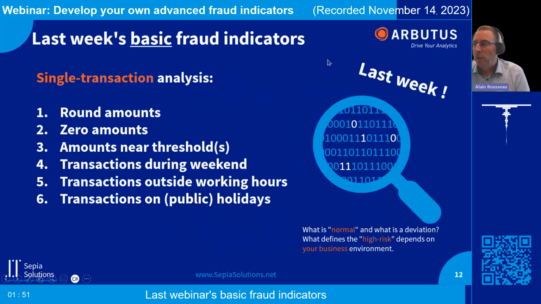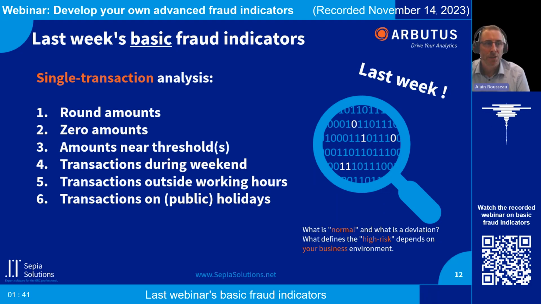Last week, we looked at what I call simple indicators because they were only working on one single transaction each time. Every single transaction was evaluated against these parameters: random amounts, was it a very random amount? Was it a zero amount transaction? Was the amount just below a threshold that might require additional approval or a four-eyes review or some additional process within your organization?